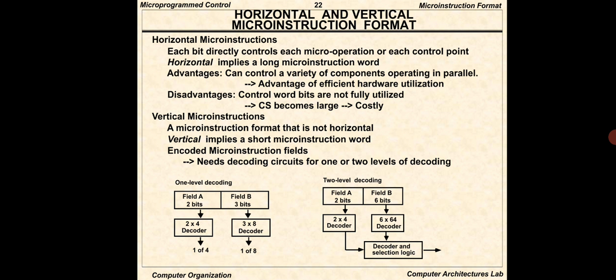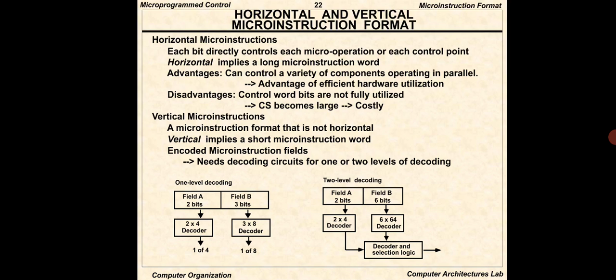The horizontal implies a long micro instruction word. What is the advantage? It can control a variety of components operating in parallel, with efficient hardware utilization. What is the disadvantage? Control word bits are not fully utilized, and your control storage becomes larger and costly.